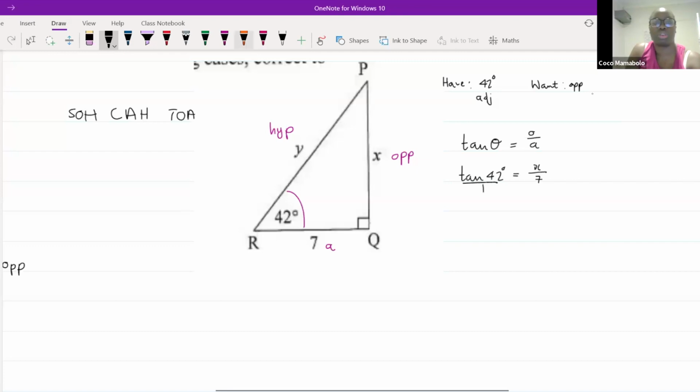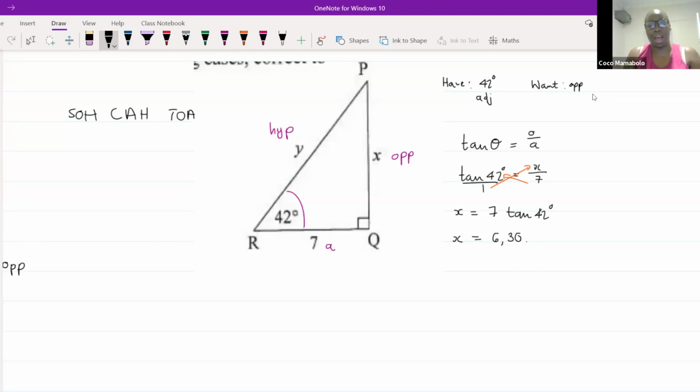And then I just need to cross multiply. So multiply that way, multiply that way. 1 times X will give me X is equal to 7 times tan of 42 degrees. Right, and if I punch that into my calculator, thank you very much, Emmanuel, X is equal to 6,30. All right, beautifully done, nice work. Right, 6,30, that is X.